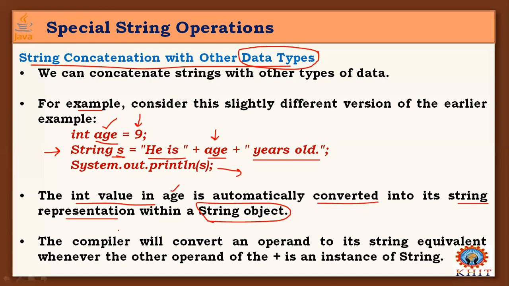Here the compiler will convert an operand of integer to its string equivalent whenever the other operand of the plus is an instance of string. So it considers this as one operand and this as another operand, and this conversion is taken care of by the compiler automatically.